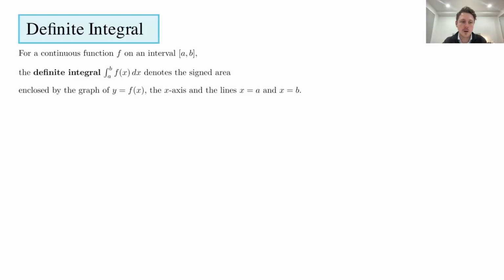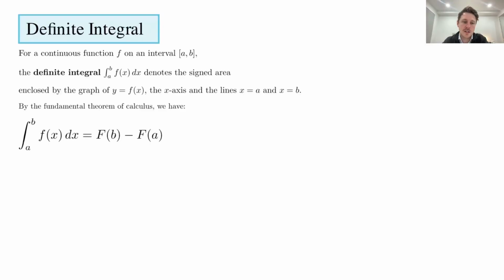What we would do is write it like this. The integral from a to b of f of x dx is equal to capital F of b minus capital F of a, where those capital F's, remember, represent an antiderivative of the original function.